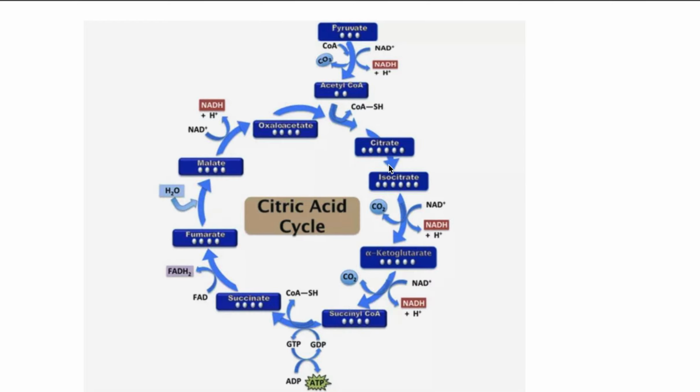Then an isomerase enzyme makes it an isomer called isocitrate. Then CO2 is again released, and what we have is alpha ketoglutarate.